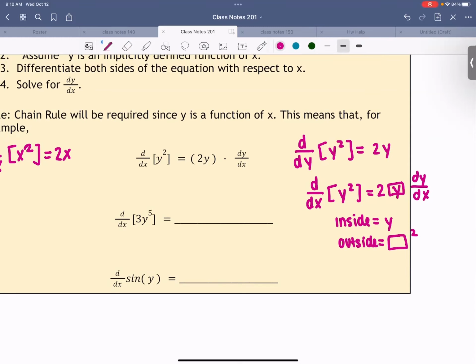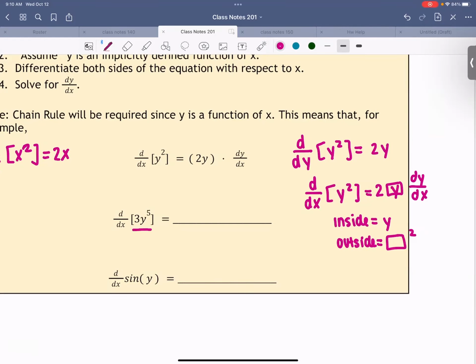So we're just multiplying anything with y by dy/dx. Let's see if we can do this in our heads a little bit more. What do you think the derivative of 3y to the 5th is going to be? 15y to the 4th times dy over dx. Perfect. So we're literally finding the derivative with respect to y and then multiplying it by dy/dx.